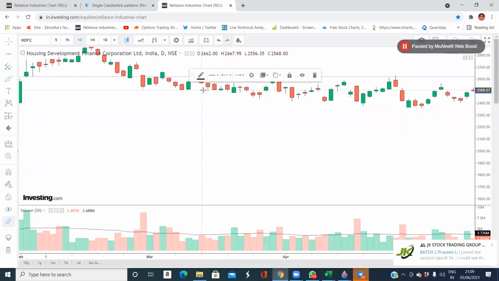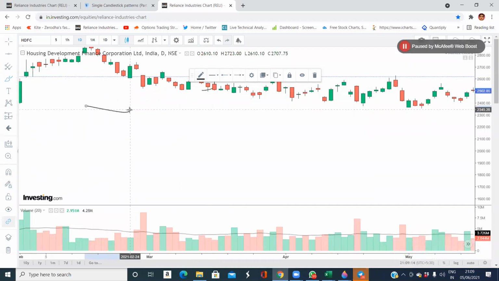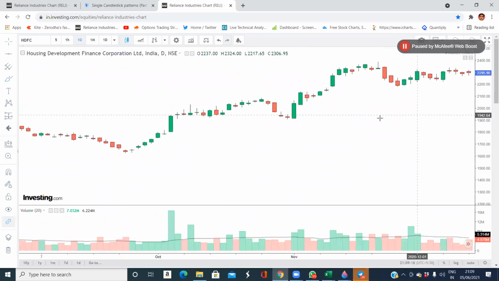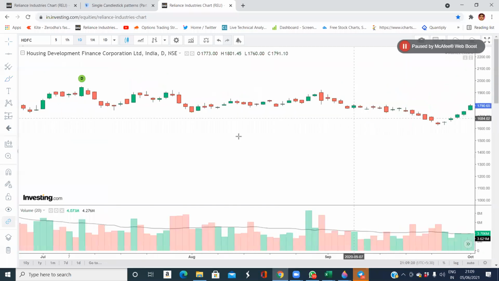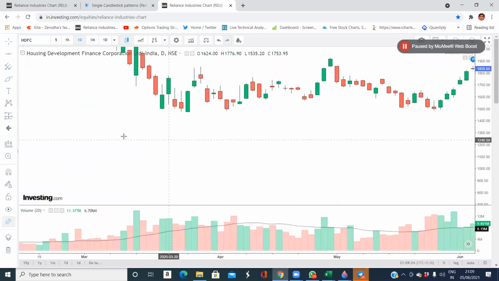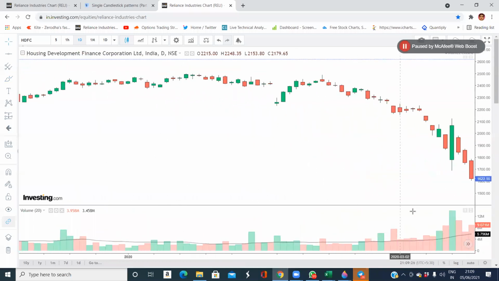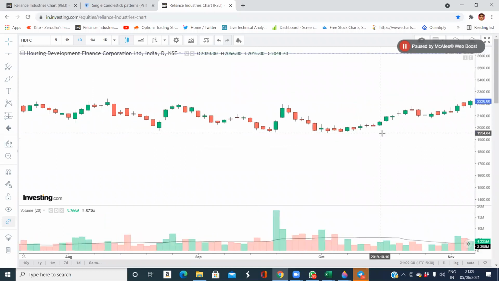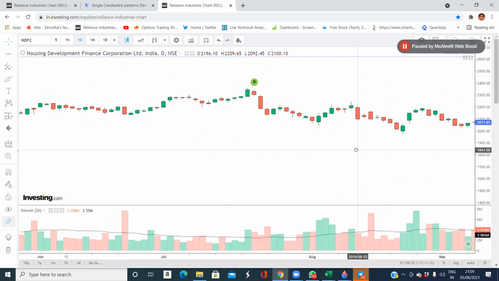Here is one red hammer. I am not getting any good hammer.